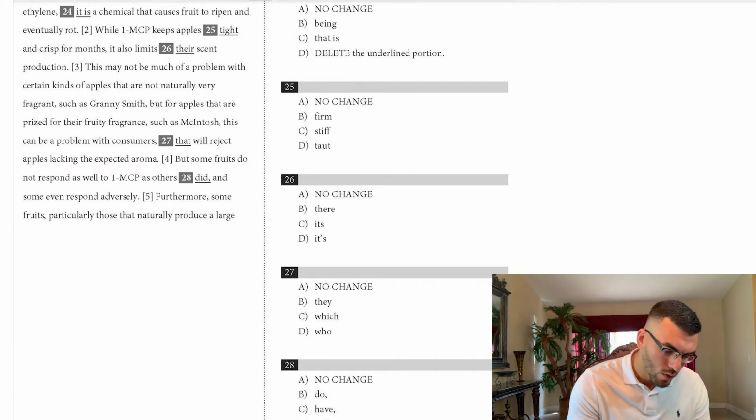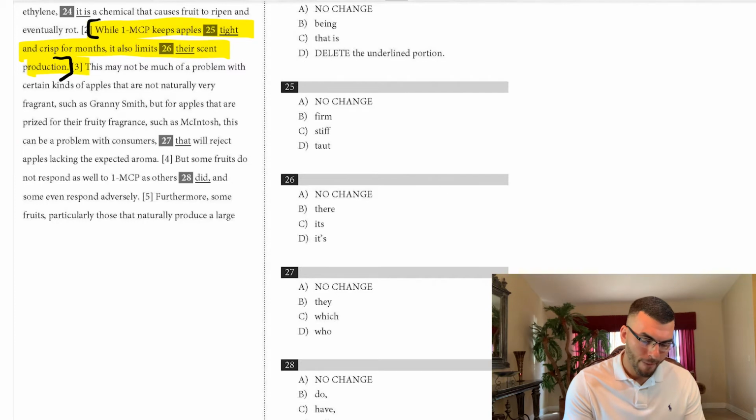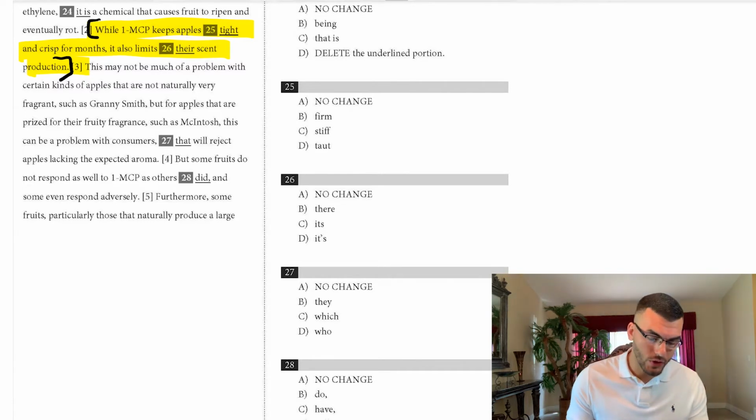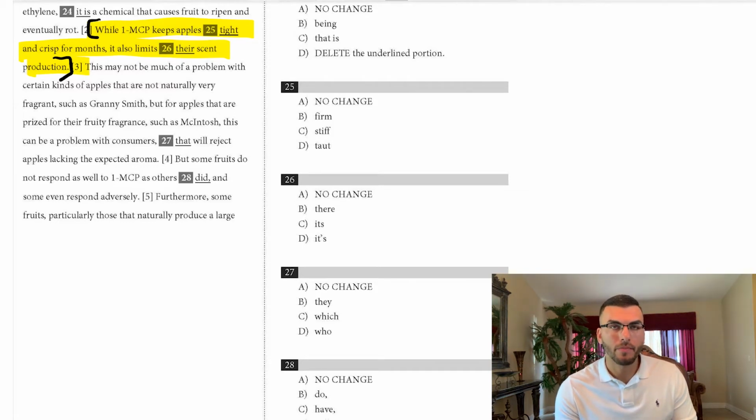So 26, what's the first thing we do? We put brackets around the sentence in question. Now what's the next thing we do, guys? We see what's changing in the answer choices. We compare the answer choices. So in choice A we have there, and then spelled a different way, it's, and then it's again, but with an apostrophe. So what are those examples of?